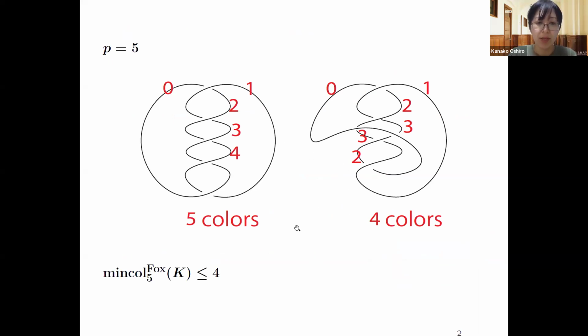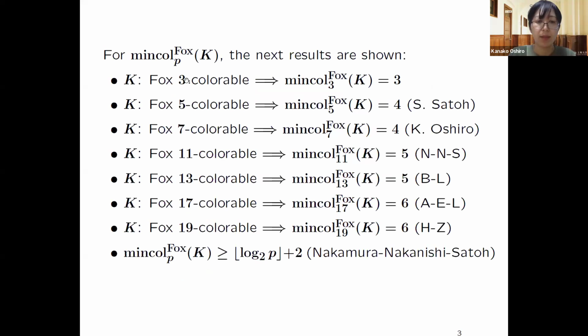The difference is that the left one is colored with 5 colors, but this right one is colored with 4 colors. So this means the minimum number of Fox 5-colors of this knot is less than or equal to 4. Like this, we can calculate minimum numbers of Fox p-colors.